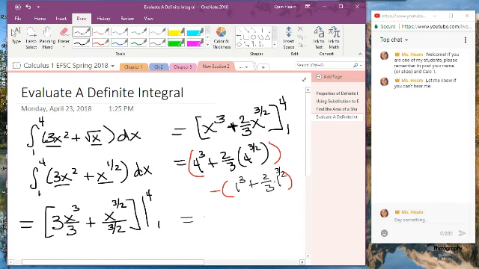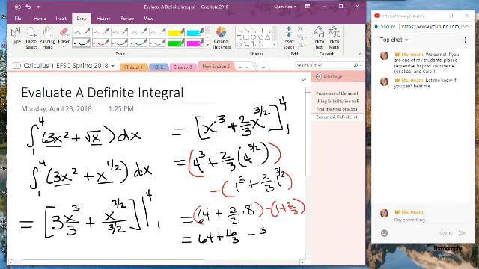Okay, so going back to the first set of parentheses, 4 cubed is 64 plus, we're going to have 2/3 times, 3/2 power means take the square root and then cube it. So the square root of 4 is 2, to the 3rd power is 8. Okay, so that's the first set of parentheses there. And then we're going to subtract from that 1 plus 2/3. Okay, so we have 64 plus 16/3 minus 1 plus 2/3, which is 5/3.